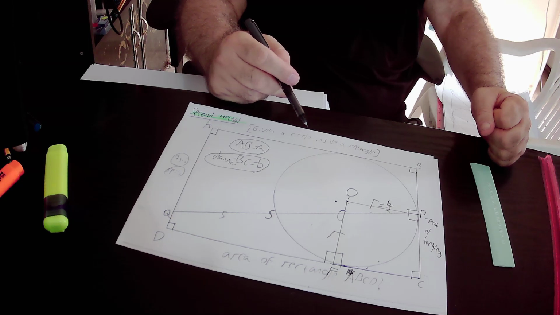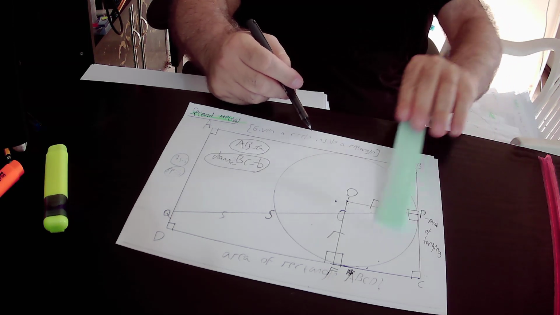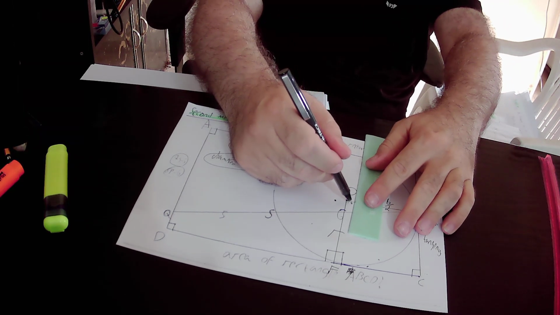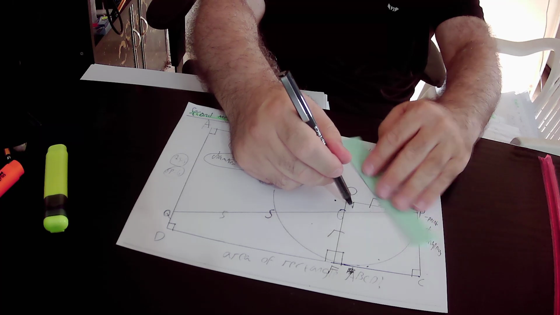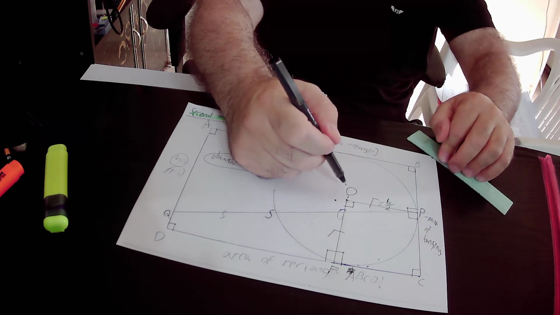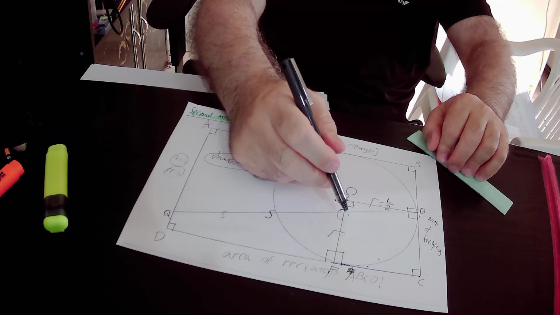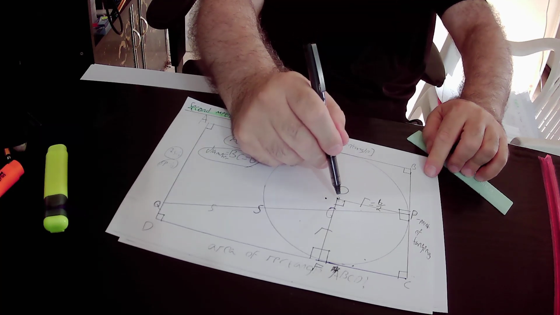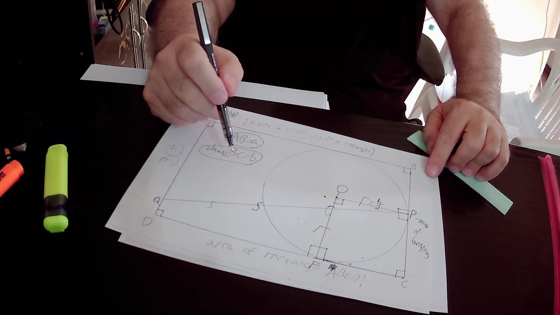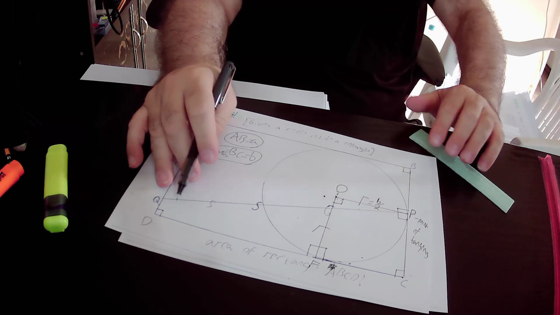So therefore the fourth angle must also equal 90 degrees in order to complete the sum of the angles in quadrilateral OPFC to 360 degrees. This angle must be equal to 90 degrees. Okay.